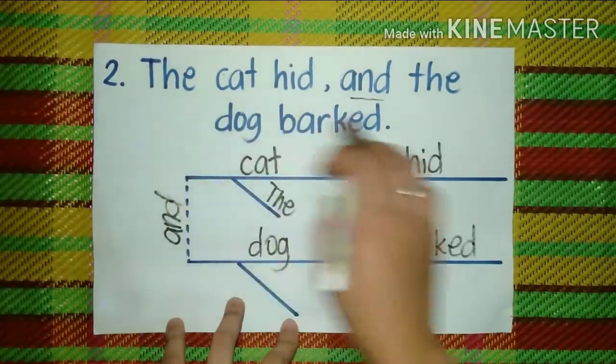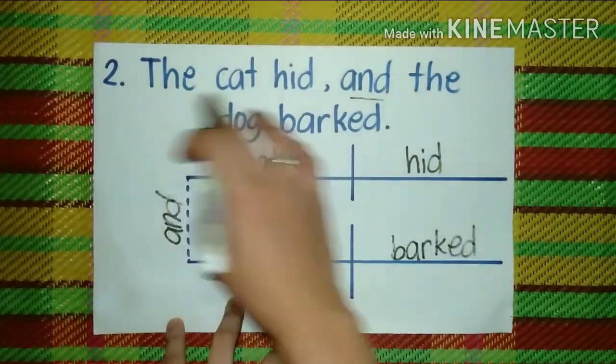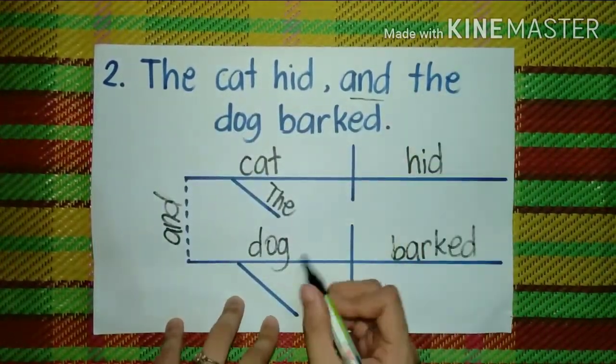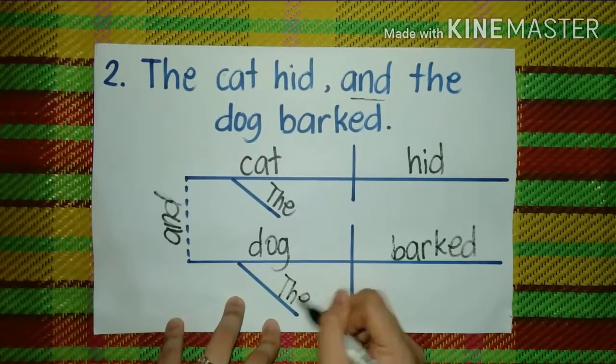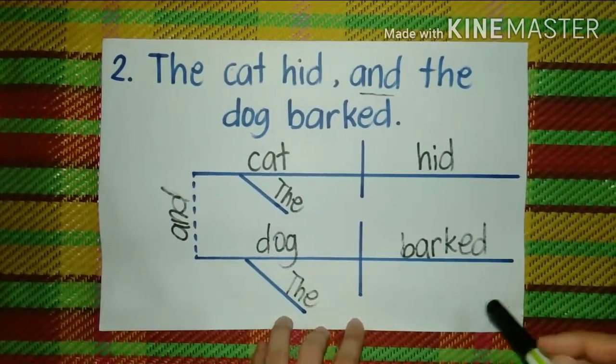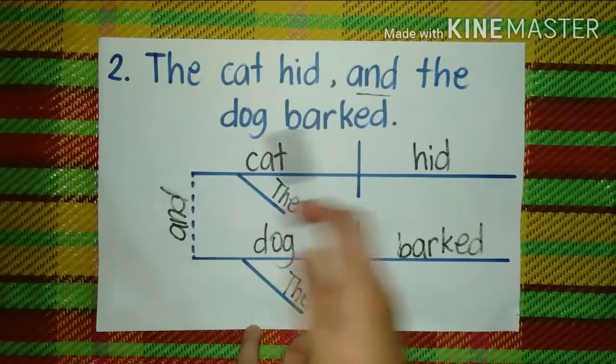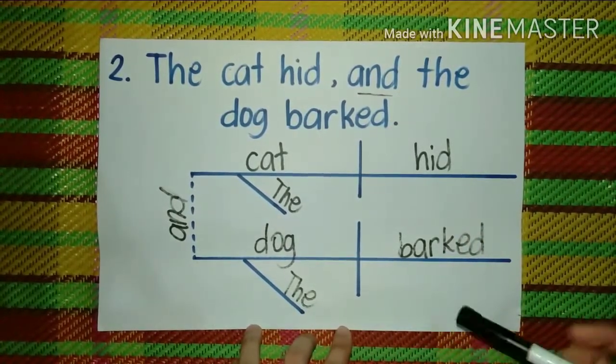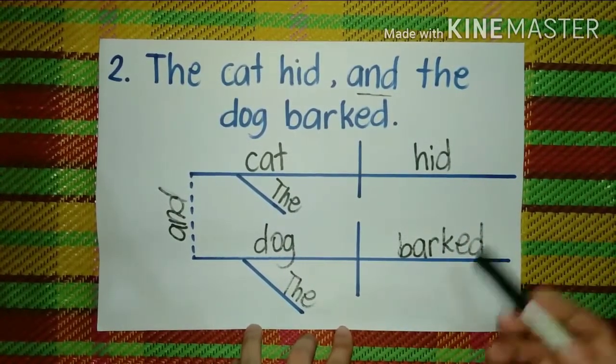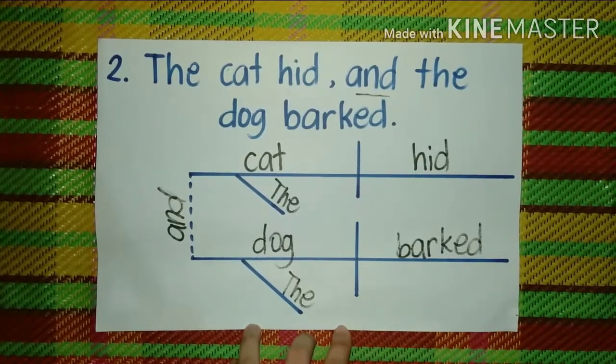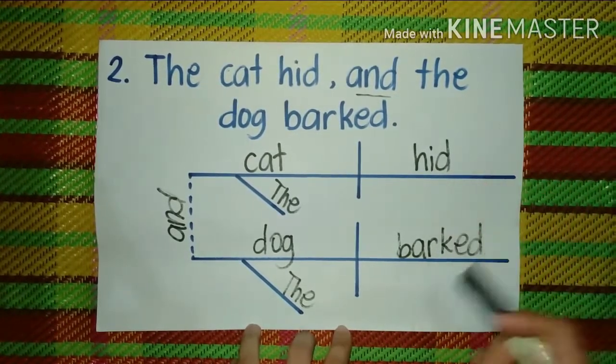And just like what I did here, this article should be put under the subject. So that is how this diagram works. You'll just have to carefully analyze the sentence first for you to be able to place the words where they should be.